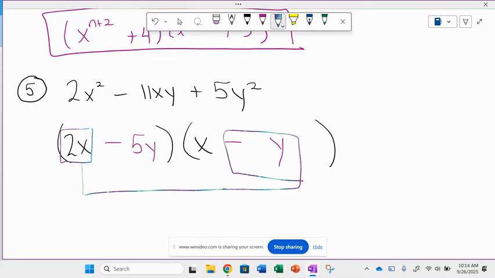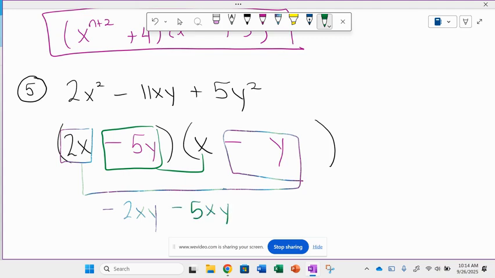So 2x times a negative y is a negative 2xy. Then you take this one and multiply it with this one. Negative 5y times x is a negative 5xy. Is negative 2 and a negative 5 ever going to get us a negative 11?